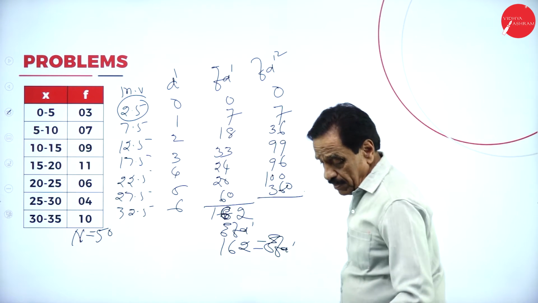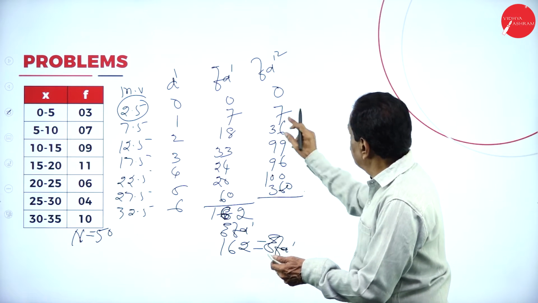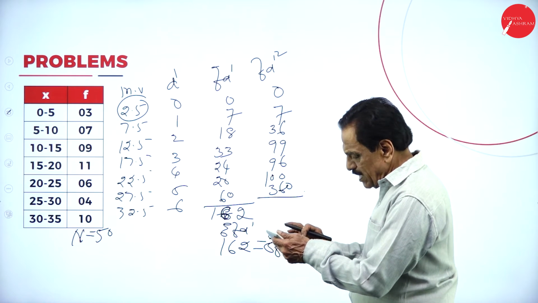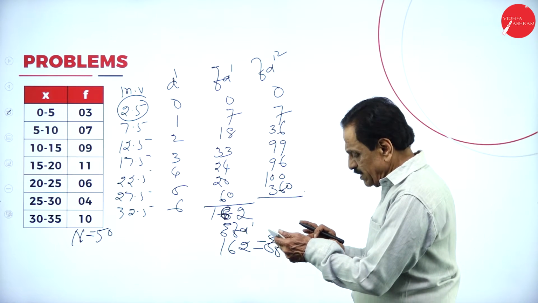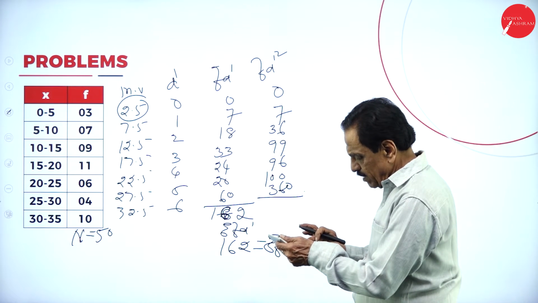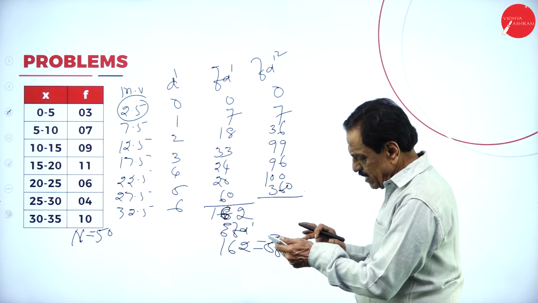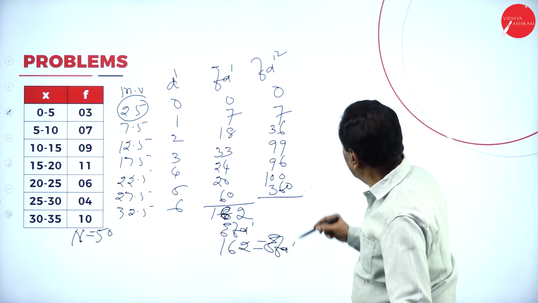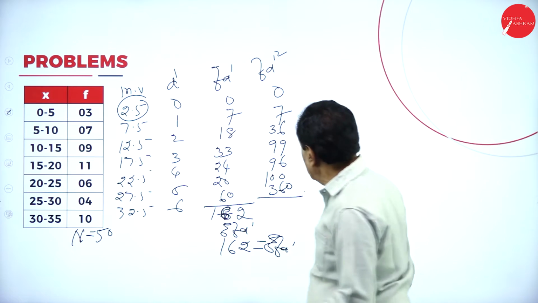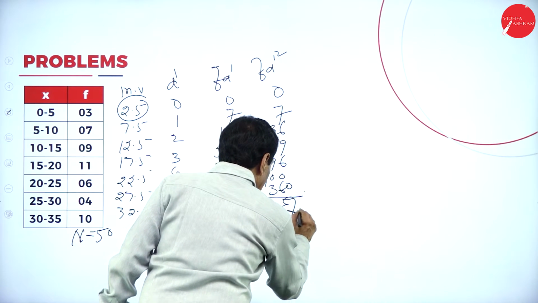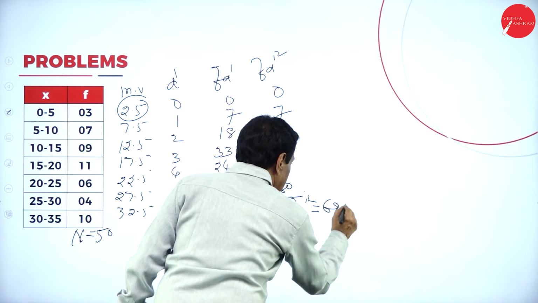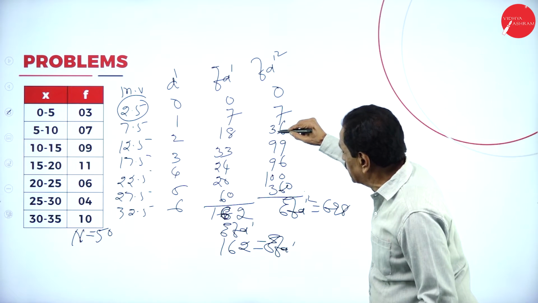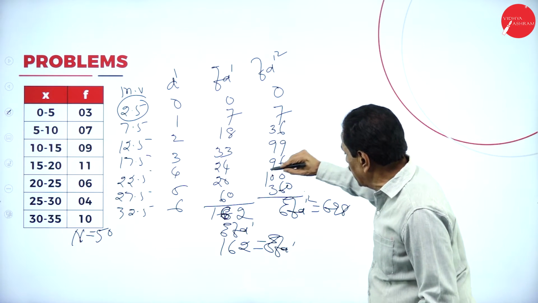Add the figures: 7 plus 36 plus 99 plus 96 plus 100 plus 360 is equal to 698. Sigma f d dash square is 698.